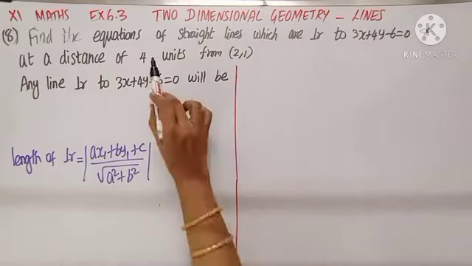As I substitute, a is 1, b is also 1. 1 into minus 10 plus 1 into minus 2 divided by root of a square 1 square plus b square is also 1 square. Minus 10 minus 2 by root 2. Since we put modulus, I get AB equals minus 14 by root 2.